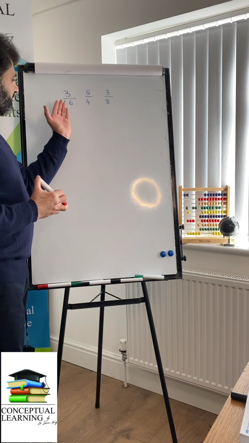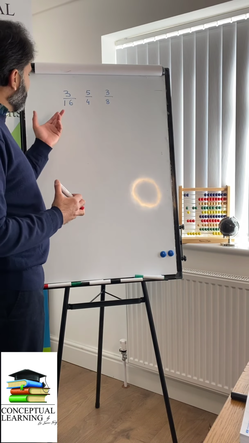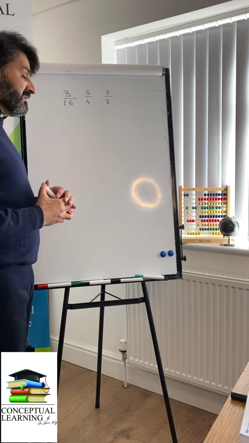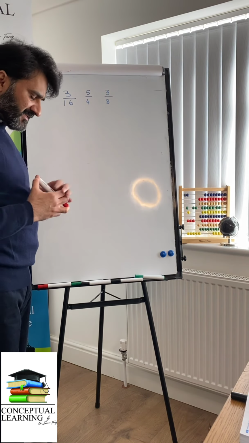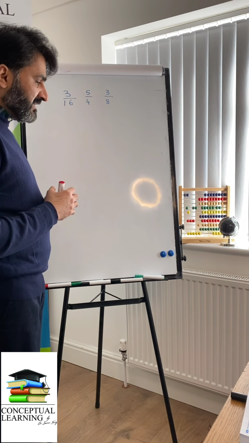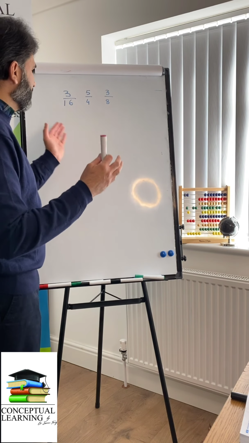We see all the denominators: the first denominator is 16, the second is 4, the third is 8. The basic concept is to make a common denominator, so we need the same denominator in all.